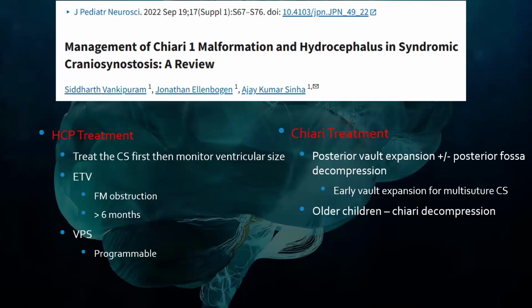In terms of Chiari treatment, again, for craniosynostosis in infants, a posterior vault expansion, with or without a posterior fossa decompression at the same time. And I think most advocate early vault expansion for multi-suture craniosynostosis. And then in older children, because of the high risks of vault expansion and delayed diagnoses, you can consider just doing a Chiari decompression.